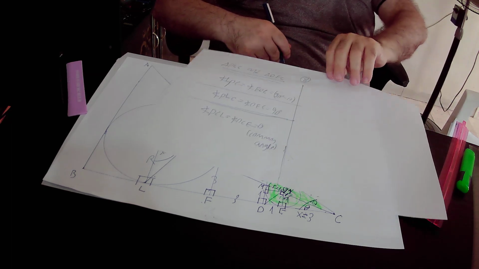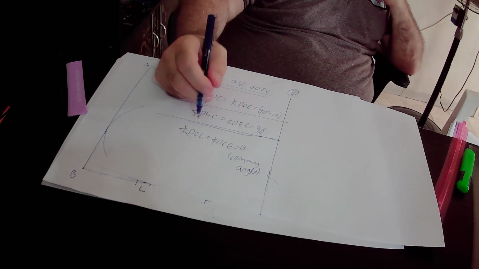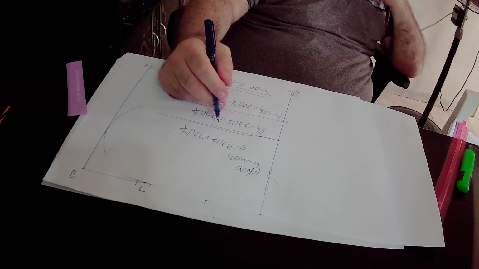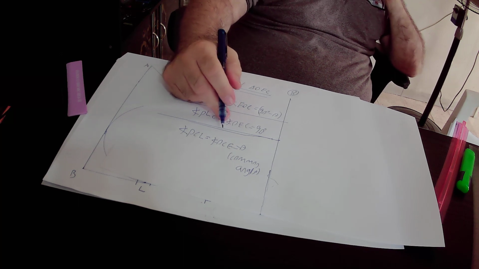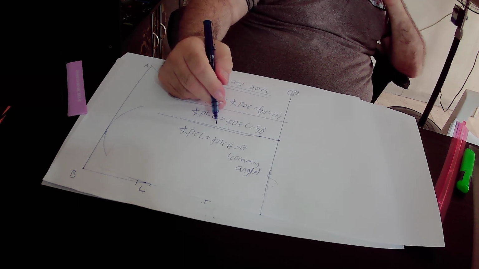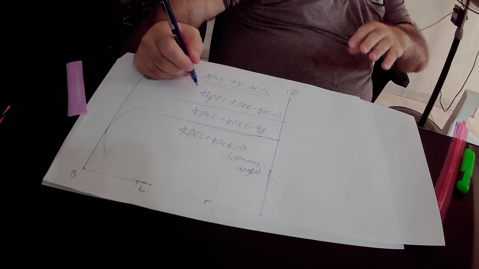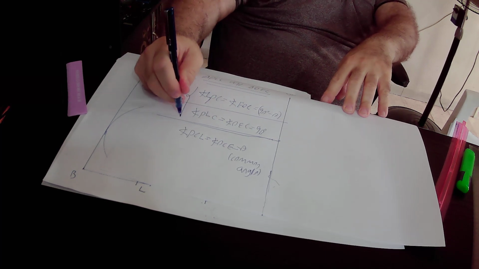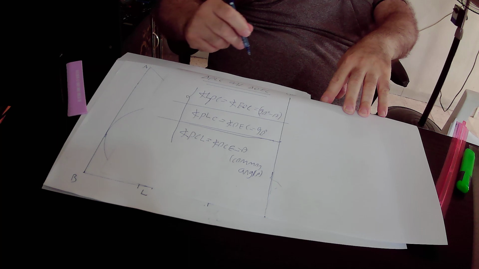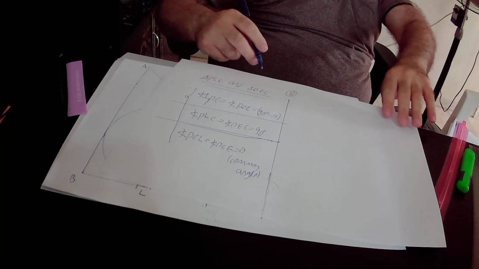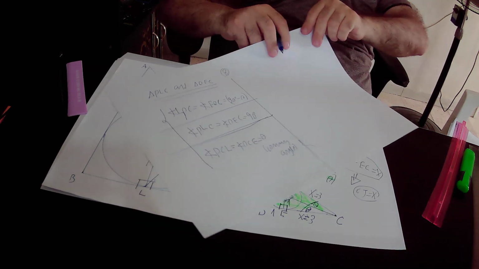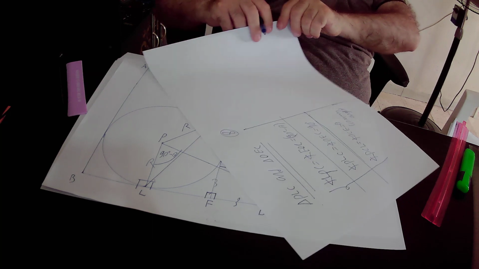Repeat again, angle theta equals to itself. It's a common angle that belongs to both triangles. So actually we found out that the big right triangle, triangle PLC, can go into the small right triangle, triangle OEC, according to angle similarity rule.